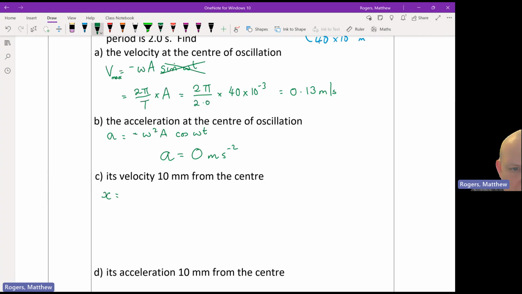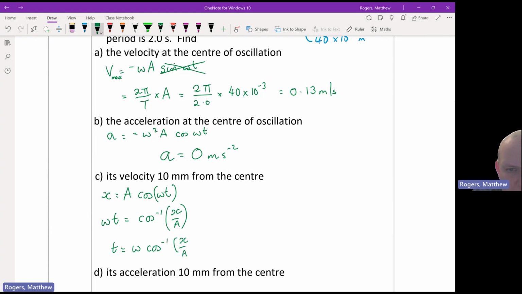The displacement is a cos omega t. We want to solve for t, so we can say omega t is the inverse cos of x over a, or t is equal to omega times the inverse cos of x over a.